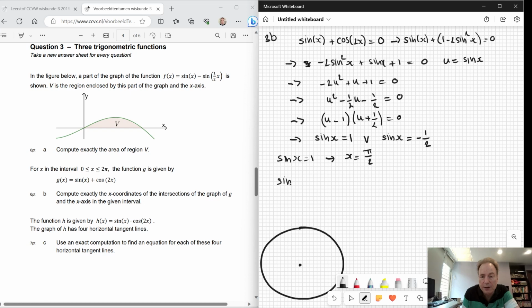Now the sine of x is minus 1/2. Well, minus 1/2 is here in the unit circle.